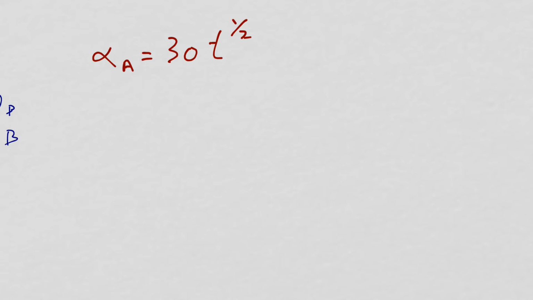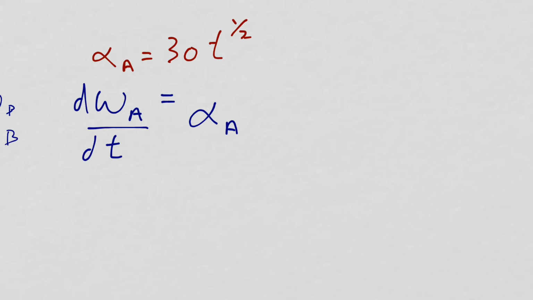Starting from this equation, we can write the thing as: we know that angular velocity divided by time gives us our angular acceleration, and that will be the delta for it.